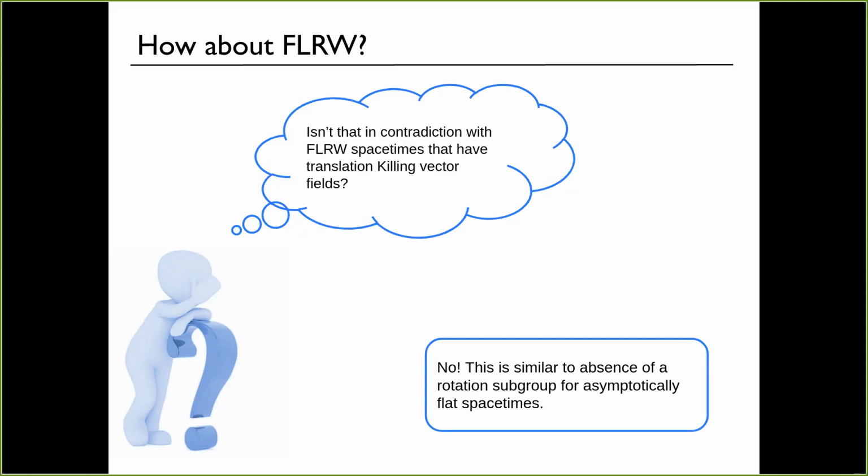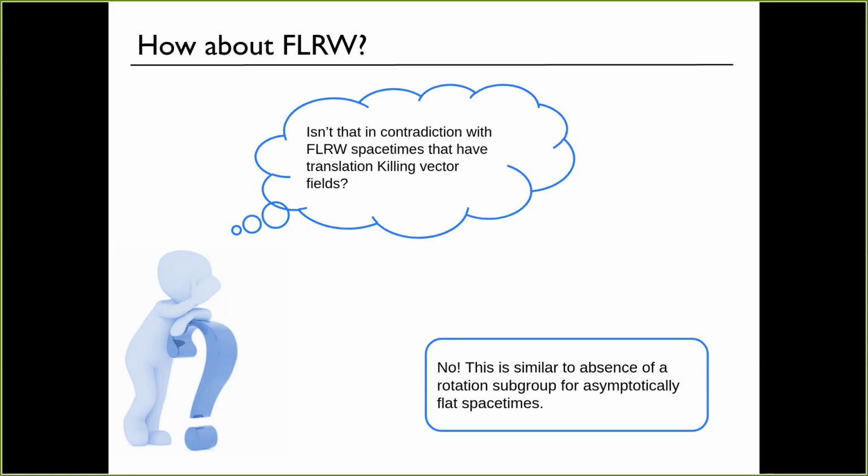Right? We know that in asymptotically flat spacetimes, there's this so-called supertranslation ambiguity for angular momentum, which has to do with the fact that there's no unique rotation subalgebra. But we know examples, right? Schwarzschild, there's clearly a unique rotation subalgebra.